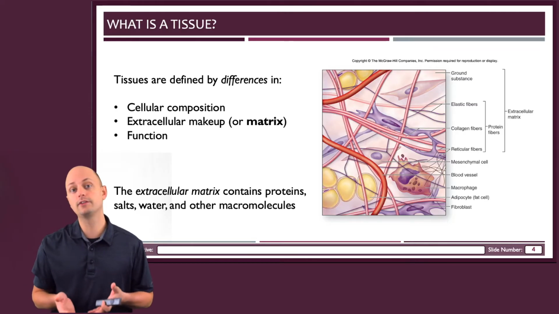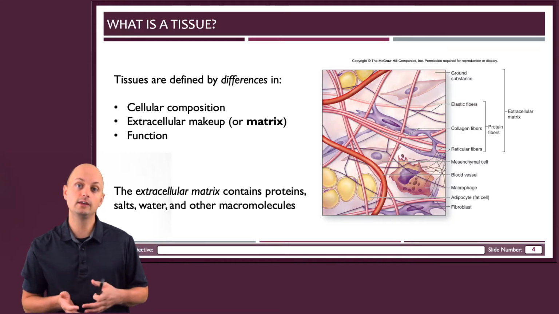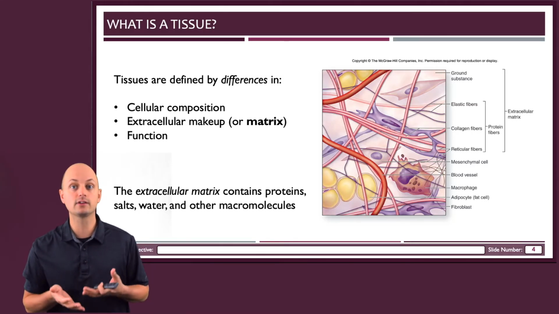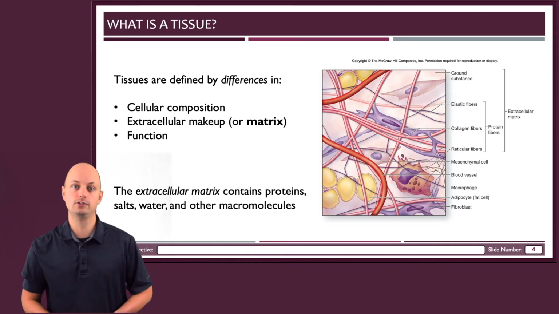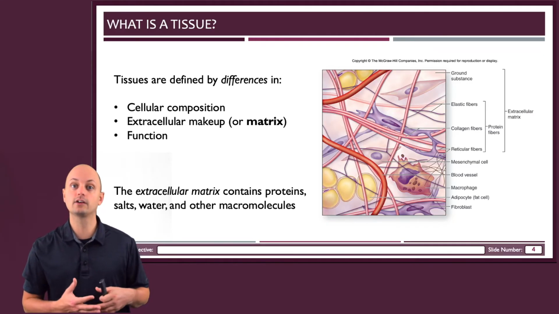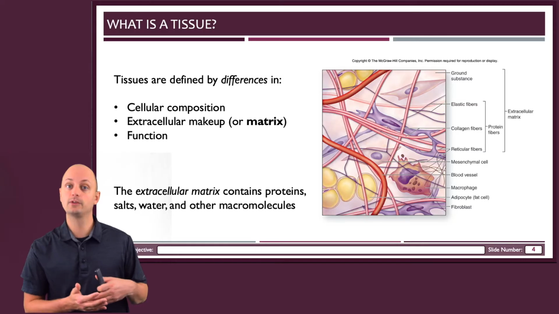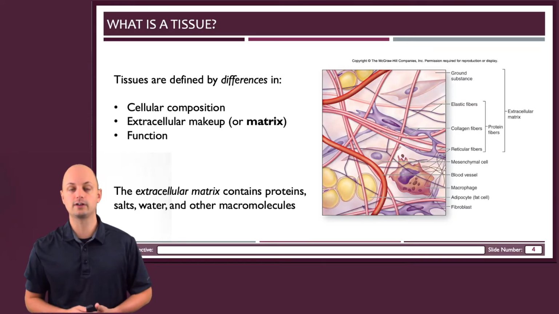In the picture on the right-hand side of this slide, we're looking at connective tissue. And if you look closely, you can see that there are many different cell types within this connective tissue. But if you look at the extracellular matrix, you'll see that there's a lot of different protein fibers present there as well. So tissues are different in terms of cells, but also in terms of matrix.